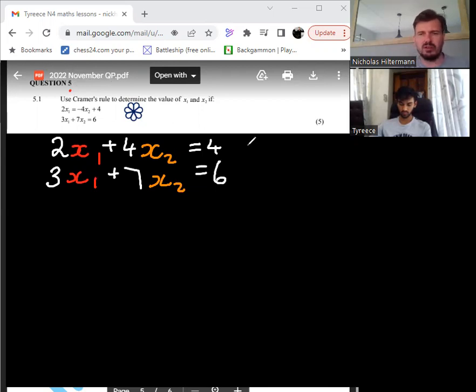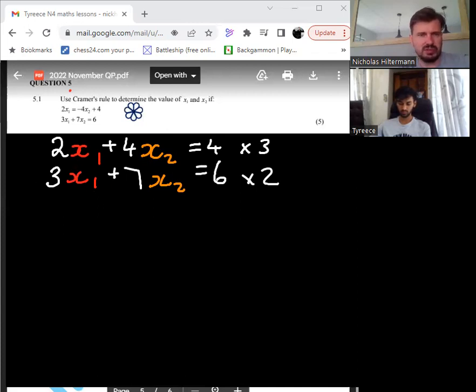Now, if we wanted to solve this simultaneously, we could just times this by 3 and this by 2, and we would get 6x1 plus 4x2 and 6x1 plus 14x2 equals 12 and 12. Then you subtract them from each other, and you are able to solve.